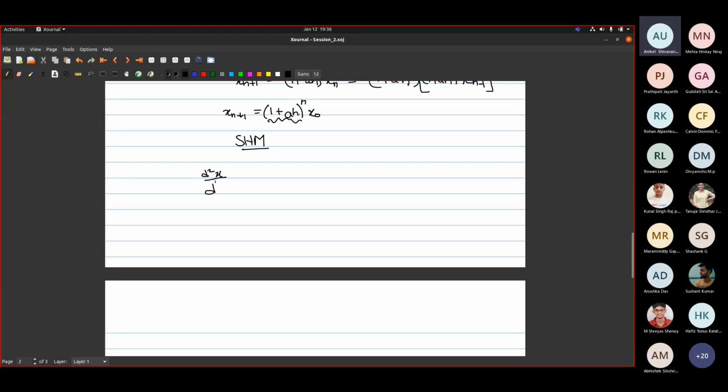Okay, now let's move on to SHM. So this is the equation of your simple harmonic oscillator. Now how do we solve this equation?